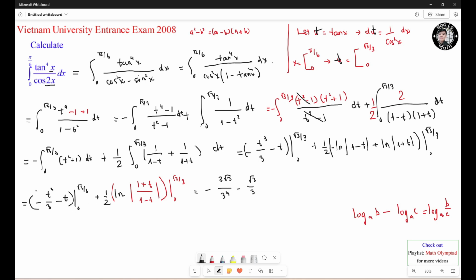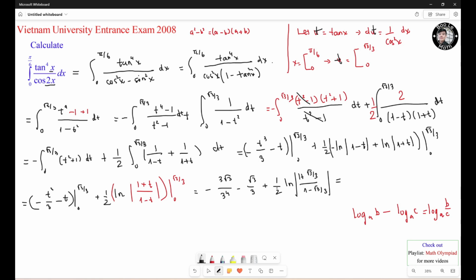Right, 0 substitute over here, it's going to be 0. Right, plus 1/2 natural log of absolute value of 1 plus root 3 over 3 over 1 minus root 3 over 3. 0 substitute over here, you have natural log of 1, it's going to be 0, so don't worry about this guy. Alright, so you simplify this one.